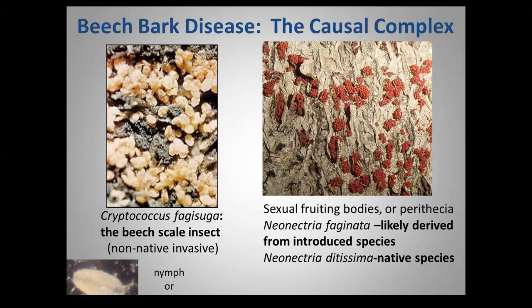So the current theory is that it potentially was derived from an introduced species. But the point being that these fungi do not or have not been associated with massive disease and mortality without the presence of the scale insect.